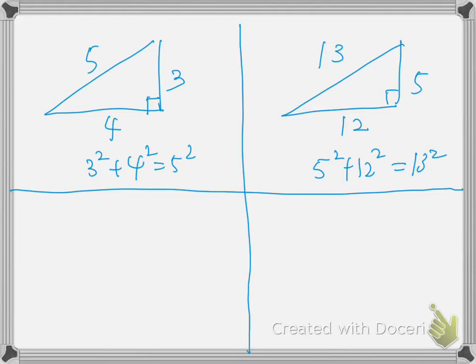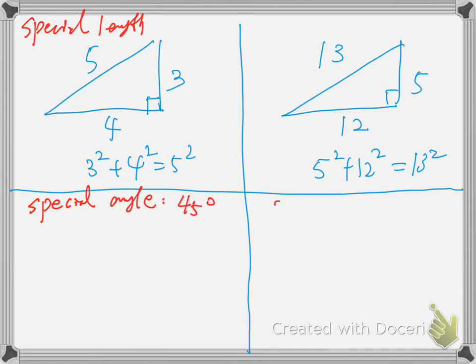The other 2 are special angles. The first one is 45 degrees, the other one is 30 and 60. So what does the 45 right triangle look like? Let me draw a better one.